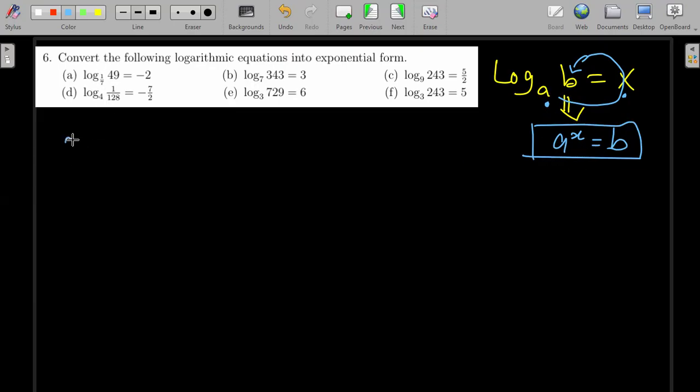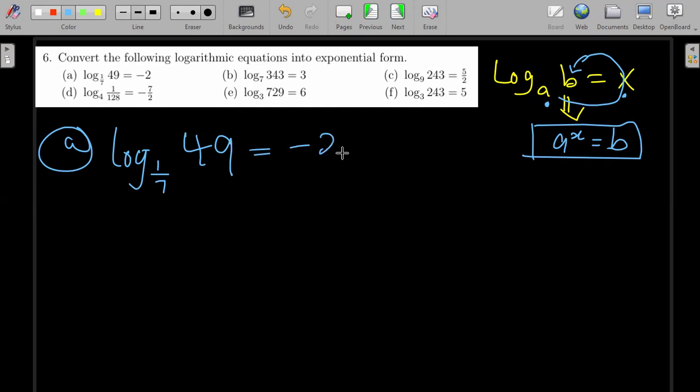So now here, look at this. We have log to the power 1 over 7. So the 1 over 7 here is our base. And then what is in the middle is 49, which is equals to the answer, which is what? Minus 2. So following this rule here, okay, we're going to say this is our base.